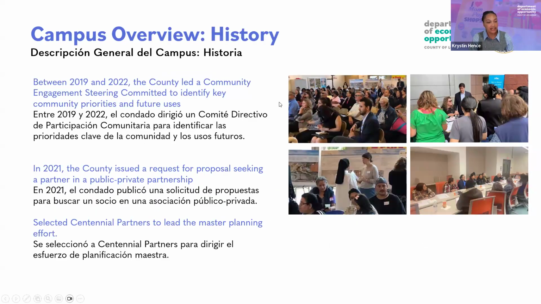I kind of talked through some of that, and we landed in that process with the selection of Centennial Partners, who's on the call today, to lead our long-term master planning effort, which is looking at a more robust redevelopment of the campus.